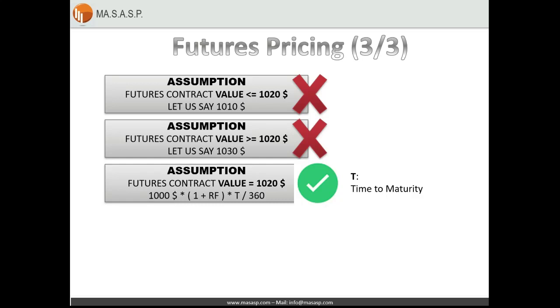Secondly, this multiplication factor is proportional to the time to maturity of the futures contract. Then, the longer this time, the bigger the delta in price between the derivative and the underlying. The futures contract price decreases as the contract approaches expiration.